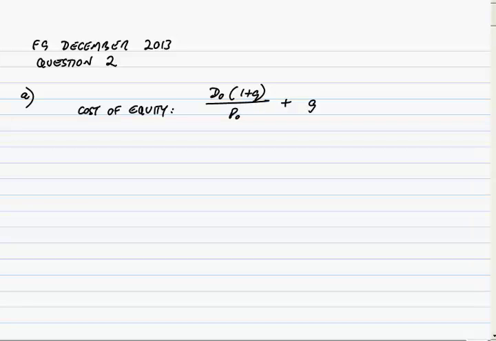And write the formula down. You'll get a mark for writing the formula down, even if you've got the wrong figures. Here, the one thing we're not given, we're given market value, we're given the current dividend. The one thing we're not given is the growth rate, but we are given past dividends. And so the dividend in 2010 was 55.1.